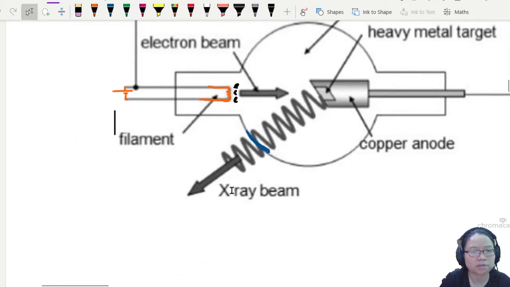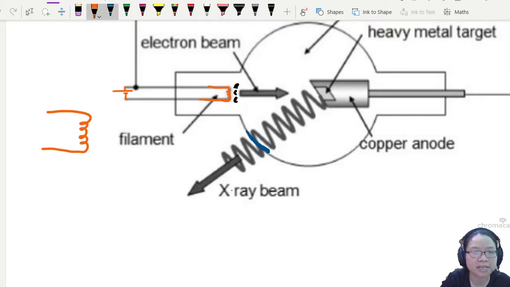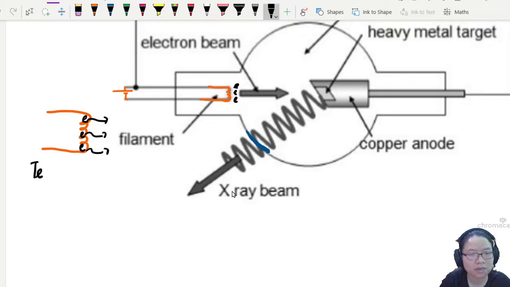So what happens when the filament gets hot? Let me draw the filament, zoomed in. When the filament gets hot, in the metal surface, the electrons get excited. And what do excited electrons do? They escape from the metal surface. This is thermionic emission.